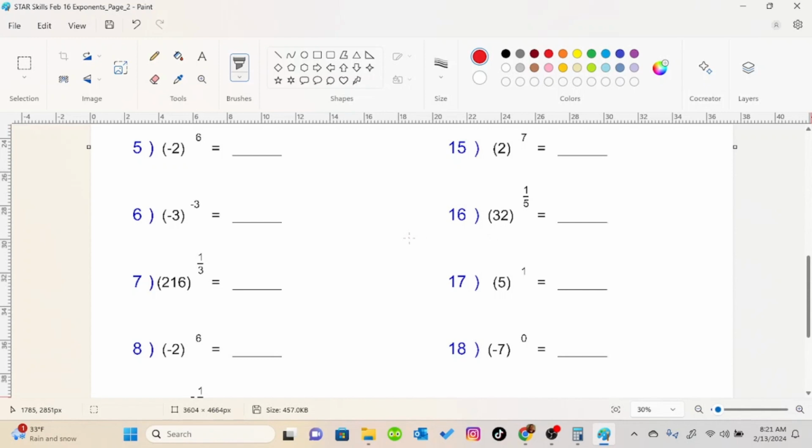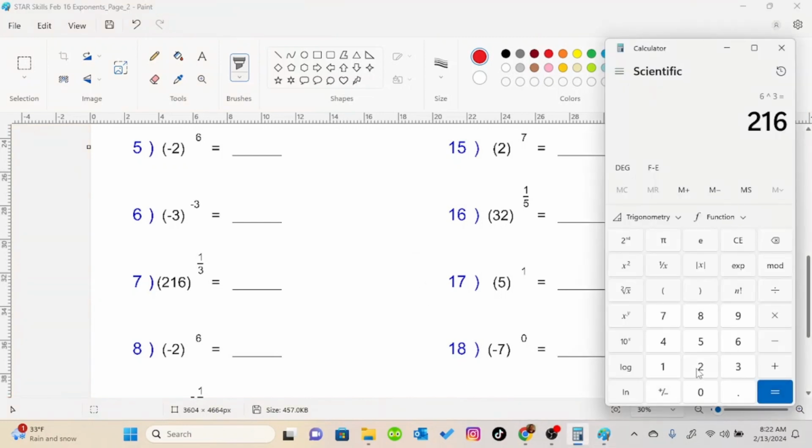Number 5, we have -2 to the power of 6. A negative number to an even power becomes positive. And 2 to the power of 6 equals 64.